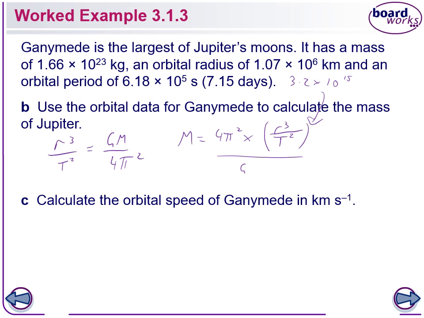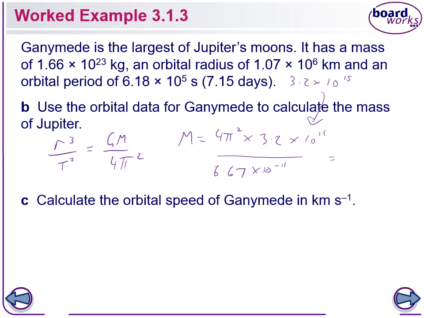Okay, so actually I might just put these proper numbers in. G is 6.67 times 10 to the negative 11. And then we know that r cubed on t squared, we can actually get rid of that because we know what it is. It is 3.2 times 10 to the 15.